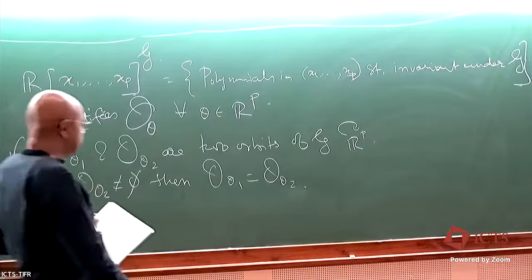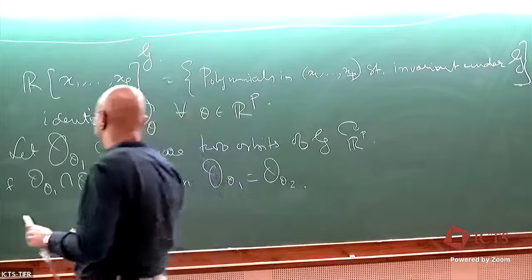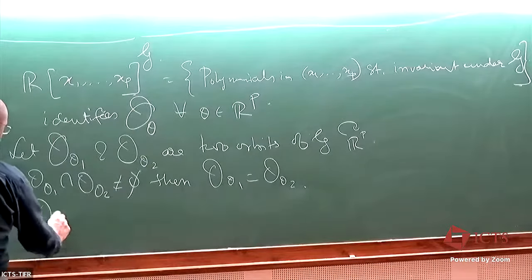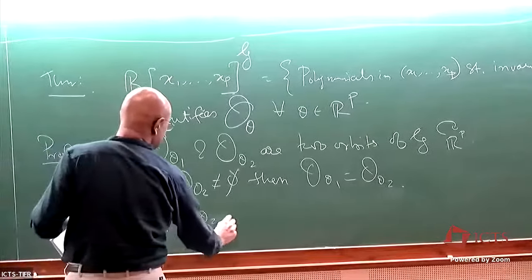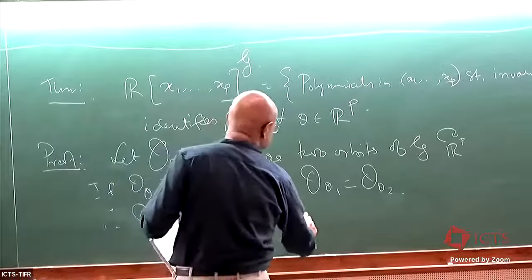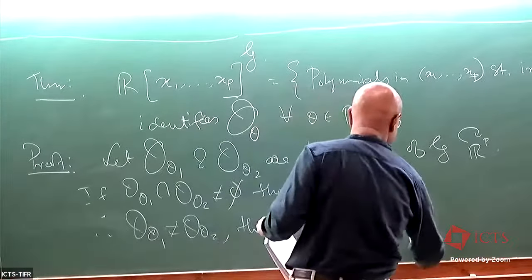Therefore, if they are not the same orbit, then their intersection must be empty.